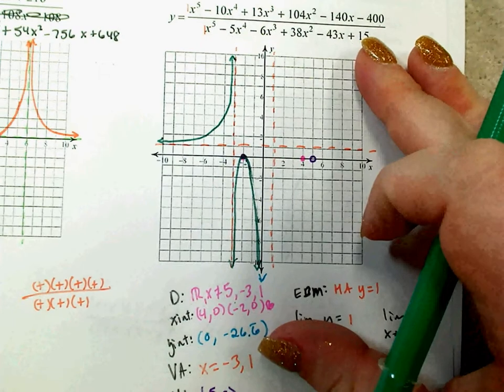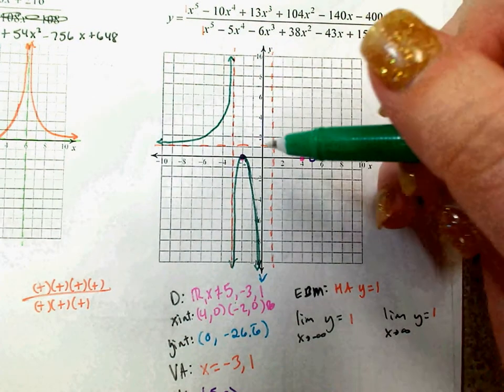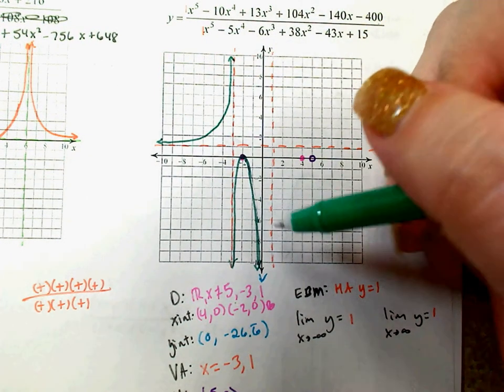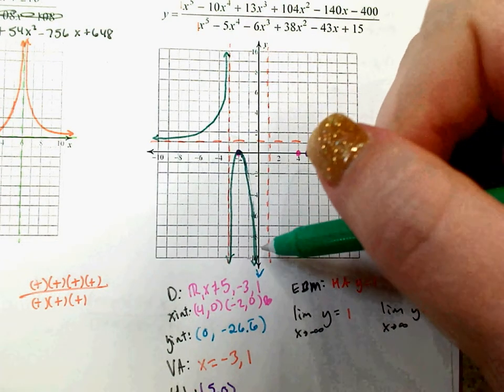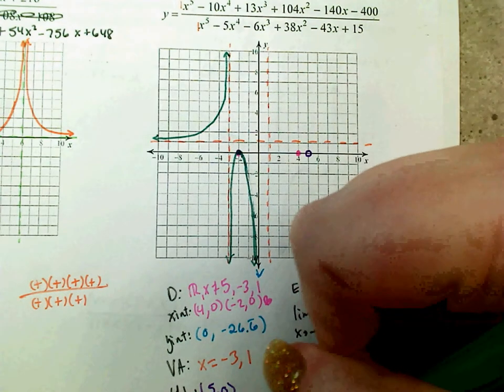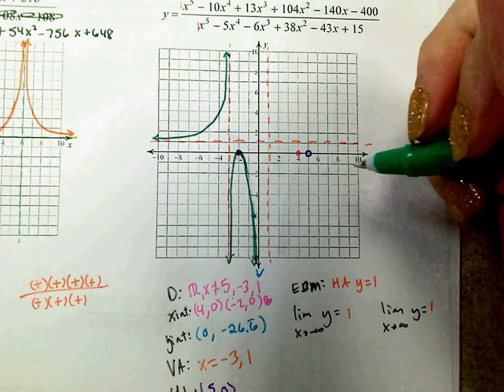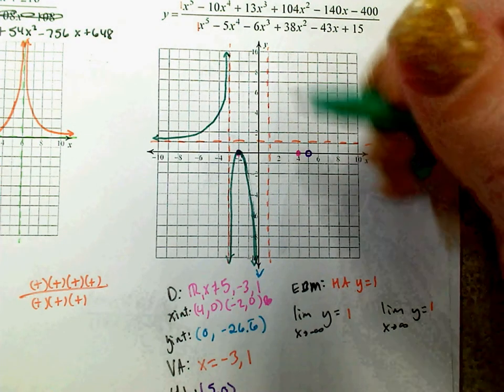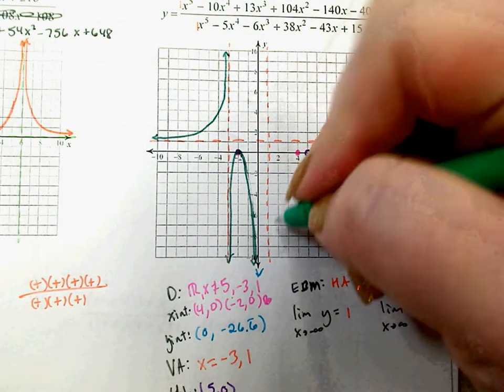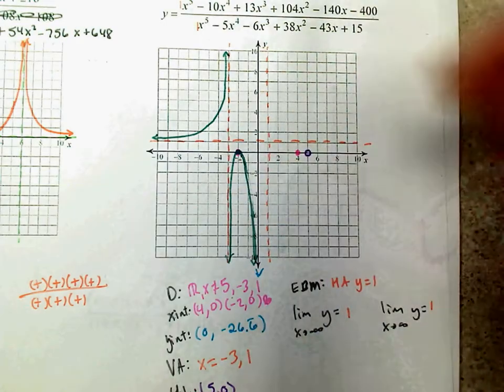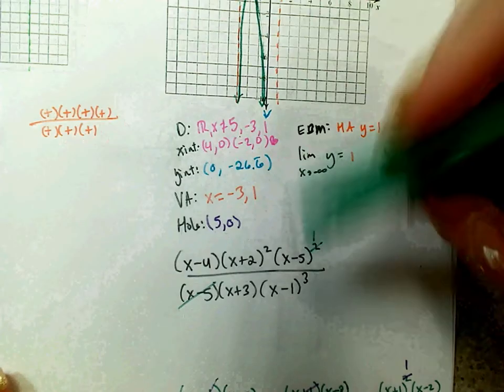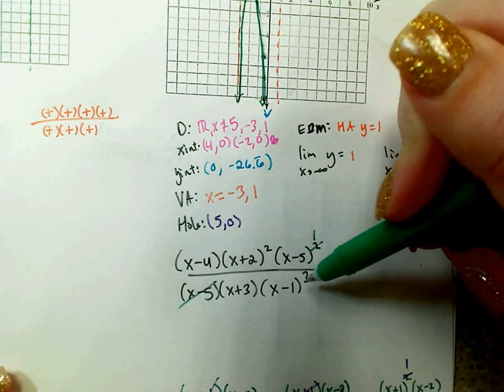The vertical asymptote at 1 had a multiplicity of 3, so we definitely have to go in the opposite direction. So I think I have to start from up here, right? Because if your vertical asymptote has an odd multiplicity, it means you can't start and end at the same infinity. So if I'm going down to negative infinity here, that means I have to come from positive infinity up here.